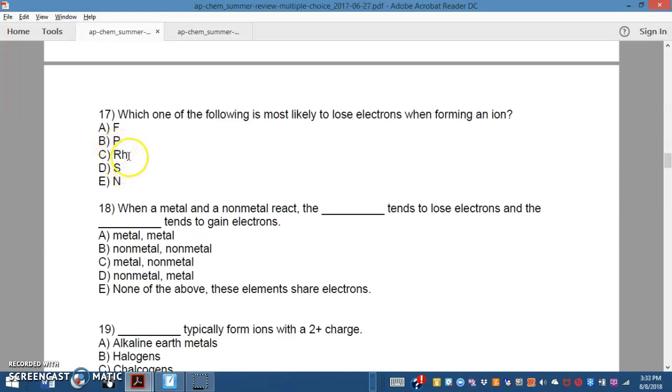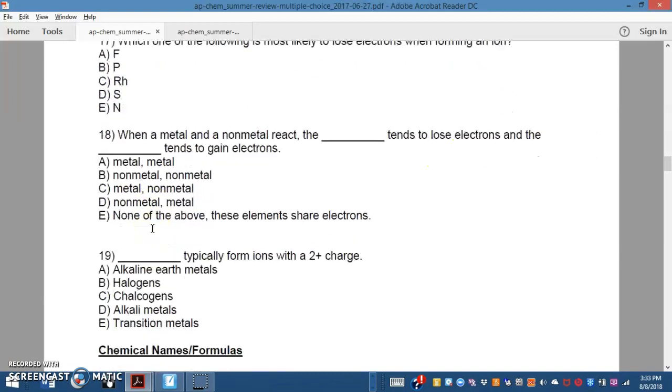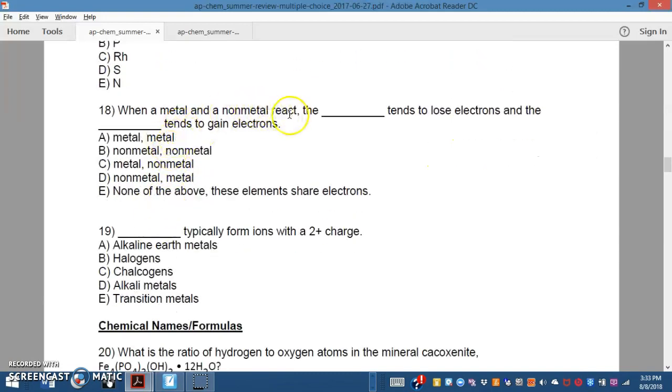This is the only metal here, because then you have sulfur and nitrogen, so C would be a perfect one. 18, when a metal and a non-metal react, the blank tends to lose electrons. The metal tends to lose electrons, and instead the non-metal tends to gain them. So metal and non-metal, so C.